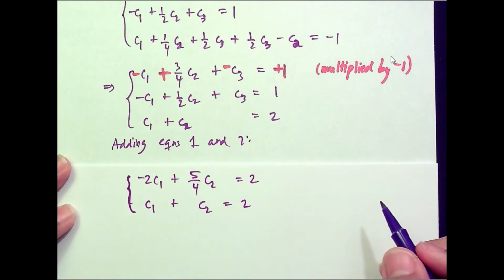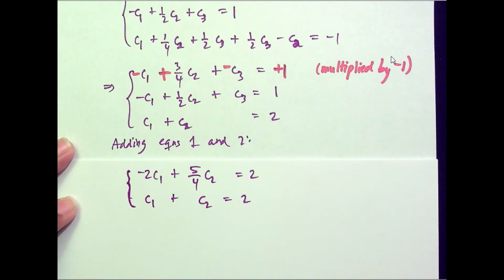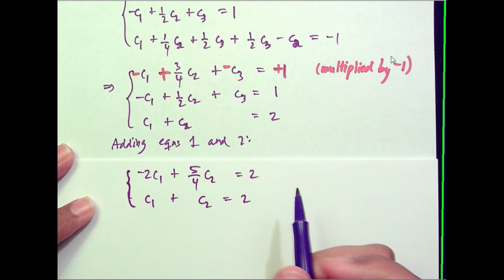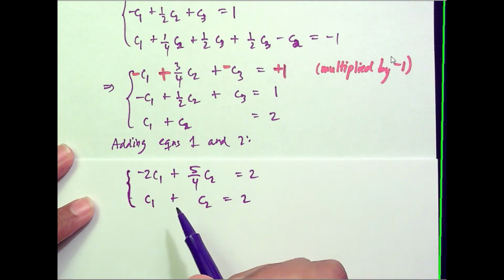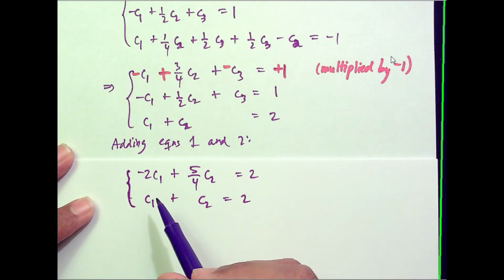So now that's our system. Now we have two equations in two unknowns. So that's better. We went from three equations in three unknowns to two equations in two unknowns. Okay, now we can eliminate another variable. Let's eliminate C1. So to eliminate C1, multiply by 2.